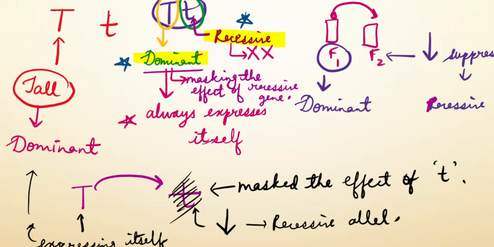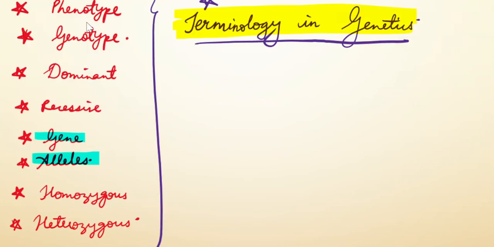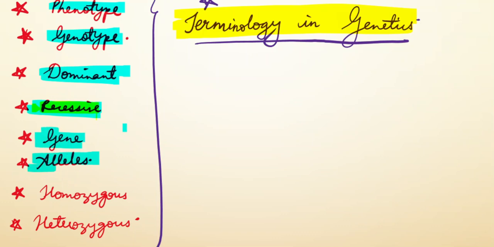So here we spoke about four concepts. One was allele, then recessive and dominant, then phenotype and genotype, and now we will speak about homozygous and heterozygous conditions, and then we will stop for today's class.